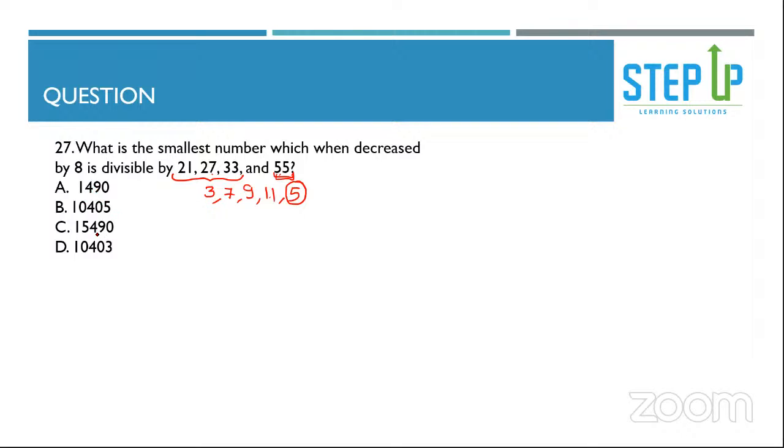When I decrease the number by 8, I should get 5 at the unit place, because the condition given is divisible by 21, 27, 33, 55. It should be divisible by 55, which means it should be divisible by 5. So now 1490 minus 8 will give me 2 at the unit place. Option eliminated.